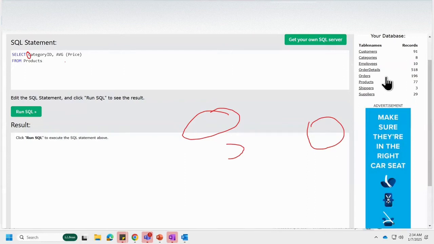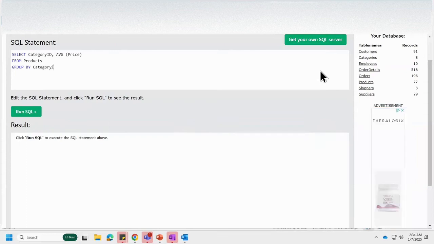Yes, products, this table name. Group by category ID. No, in space, in group by, okay, category ID. Like that. Yes. Okay, let me now run this.